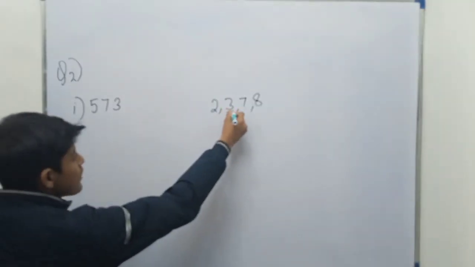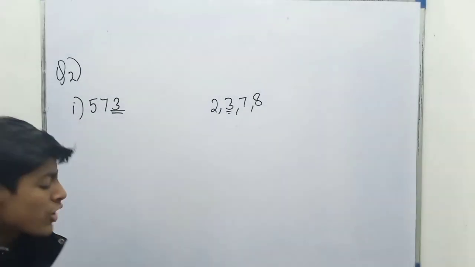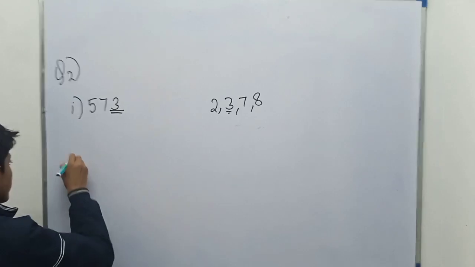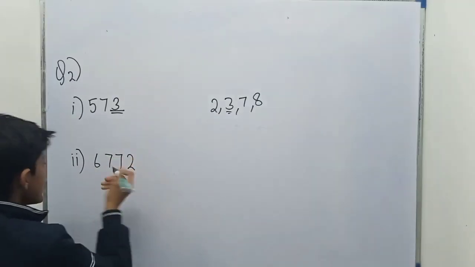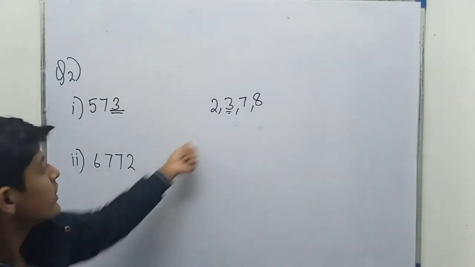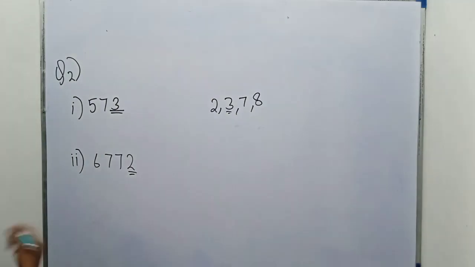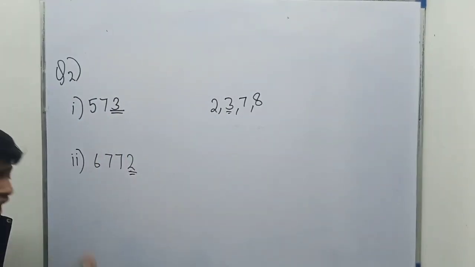Here we can see the digit 3 is at the units place, so this number is not a perfect square. Let me do one more example. Here we get the unit digit 2, so this number is also not a perfect square. This is the only reason: it has unit digit 2 and it has unit digit 3.